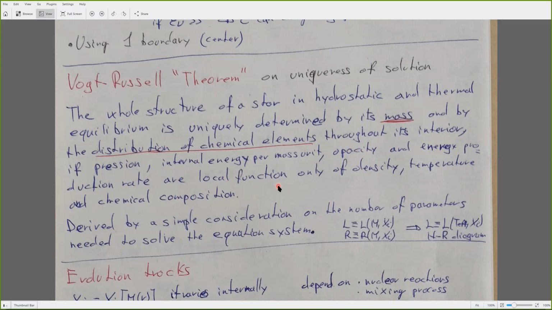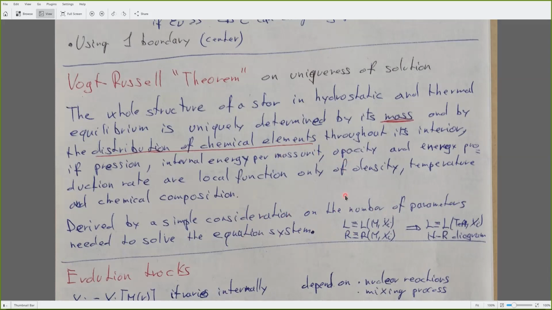It is not demonstrated really well, but it makes sense because of the number of parameters needed to solve the equations. In the system we saw, we have four main equations. In their integration, we have constants, parameters like luminosity, mass, radius, and others.